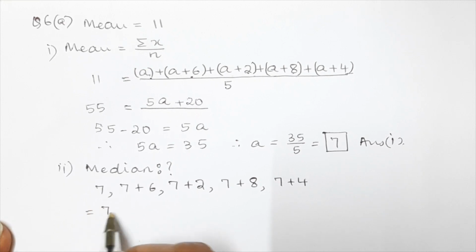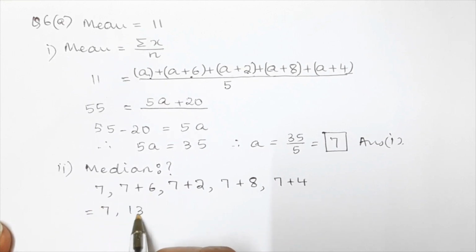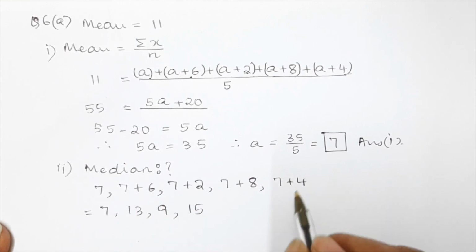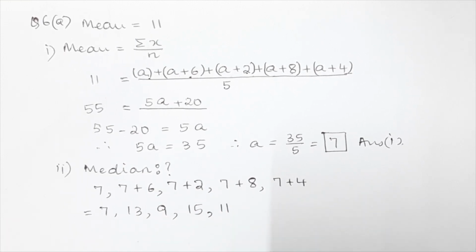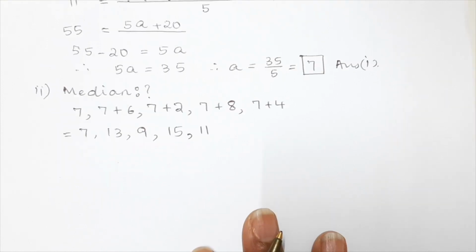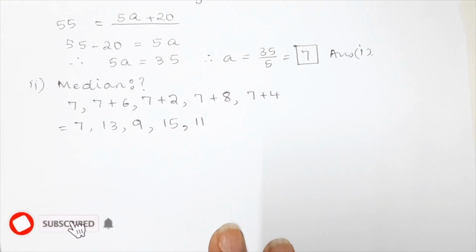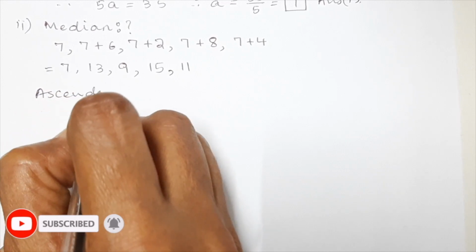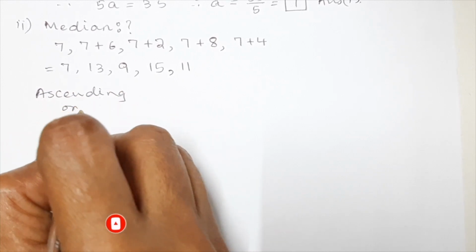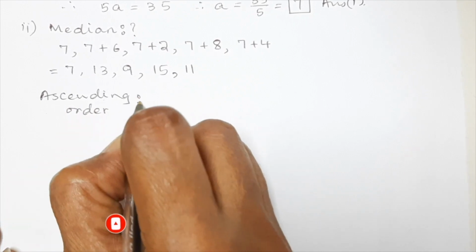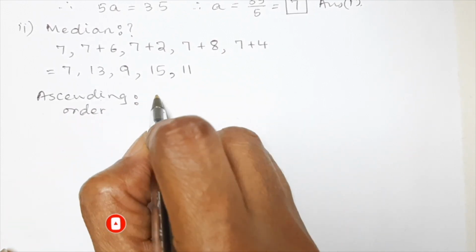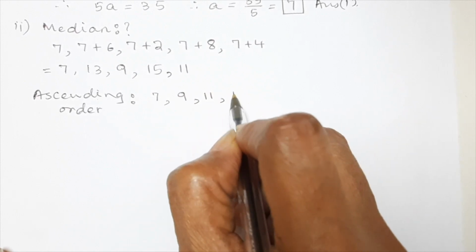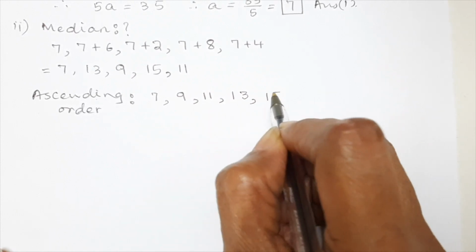So that will be 7, 13, 9, 15 and 11. When we have to find the median, we have to arrange them in ascending order. So we will write the ascending order of the observations will be, first will be 7, then 9, then 11, then 13 and then 15.